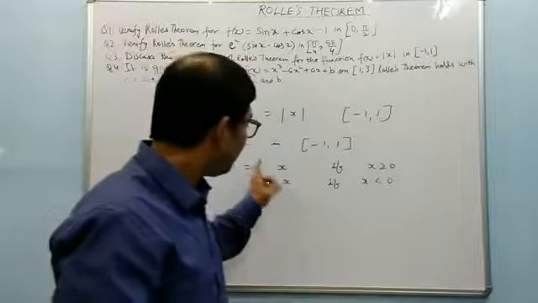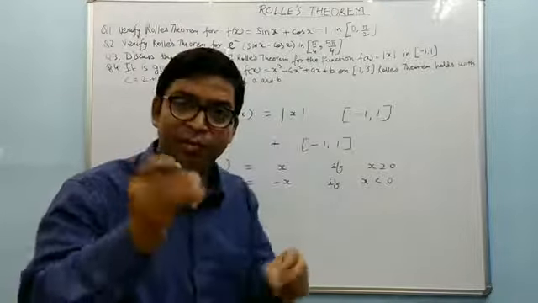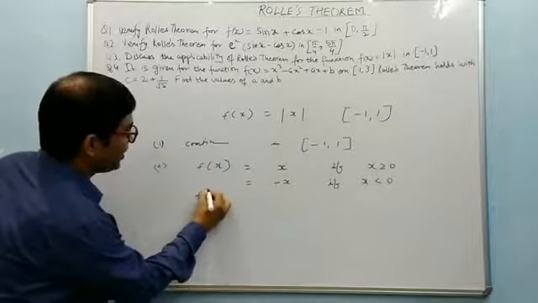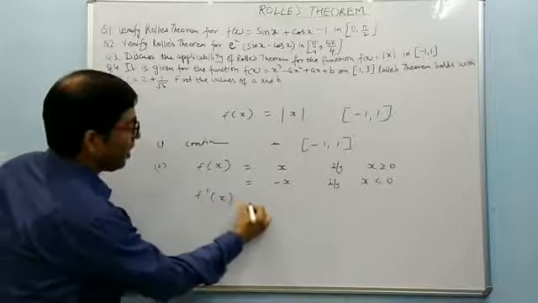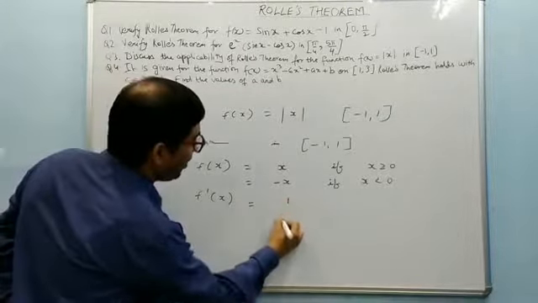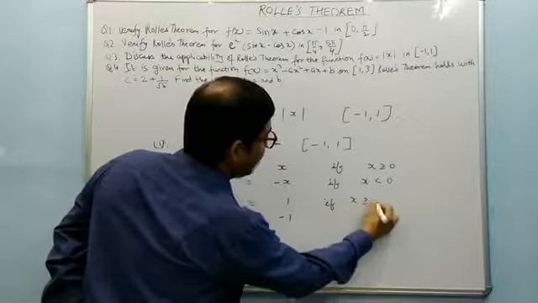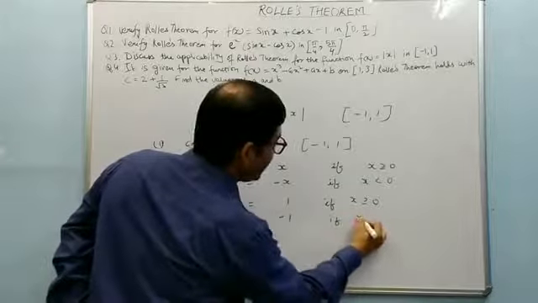So we got the value of f(x) after removing the sign of modulus. Now if we just differentiate, f dash x will come out to be 1 if x is greater than or equal to 0, and -1 if x is less than 0.